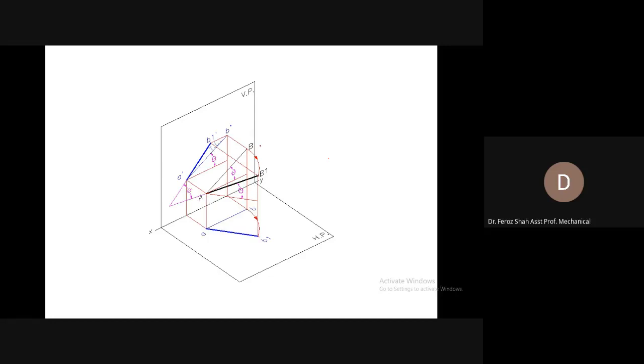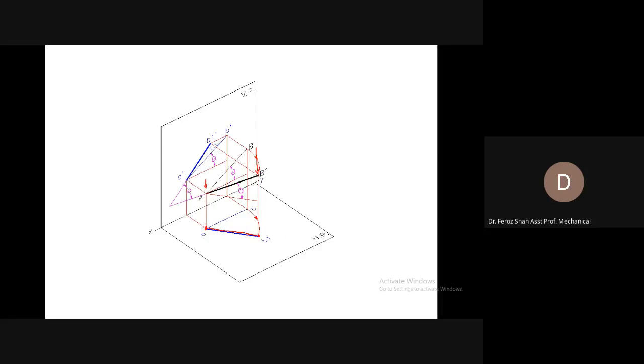Drawing the top view of the new position, B1 would be projected to this position and A would be projected to the similar position because you haven't changed A. So by joining these two endpoints, you will get AB1.